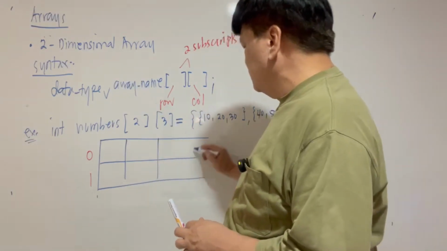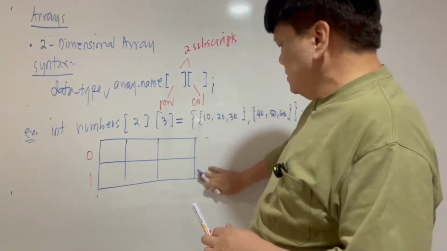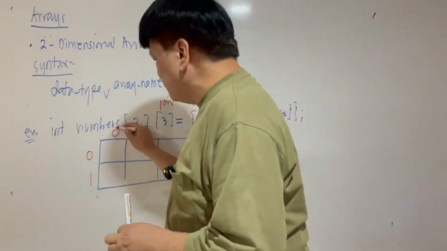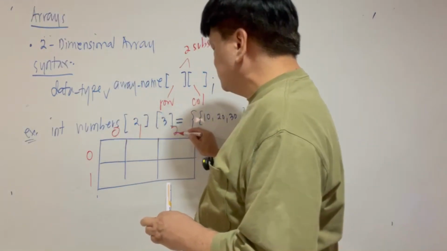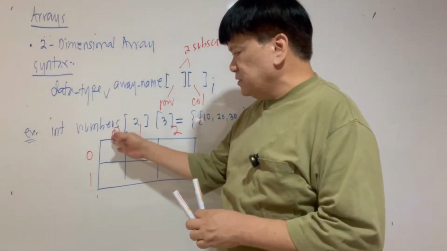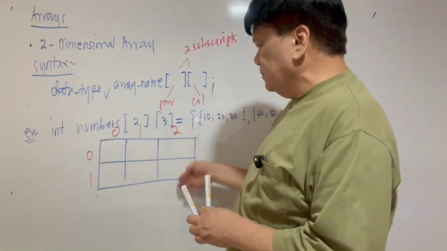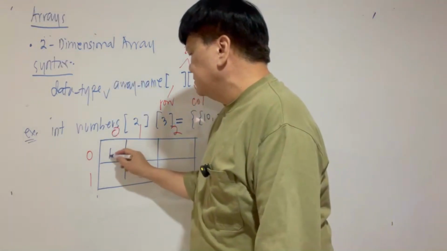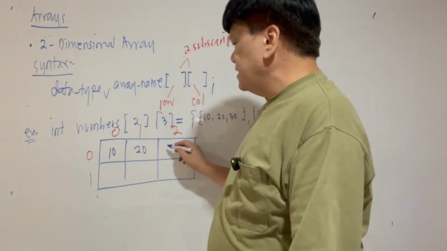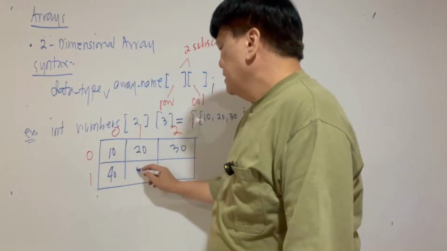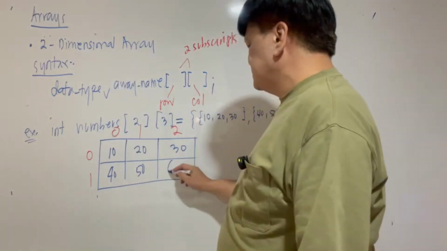Again, index starts at 0, then 1, 2, pertaining to the first column, second column, and third column. So what are the values? You have 10, 20, 30, then 40, 50, and 60.